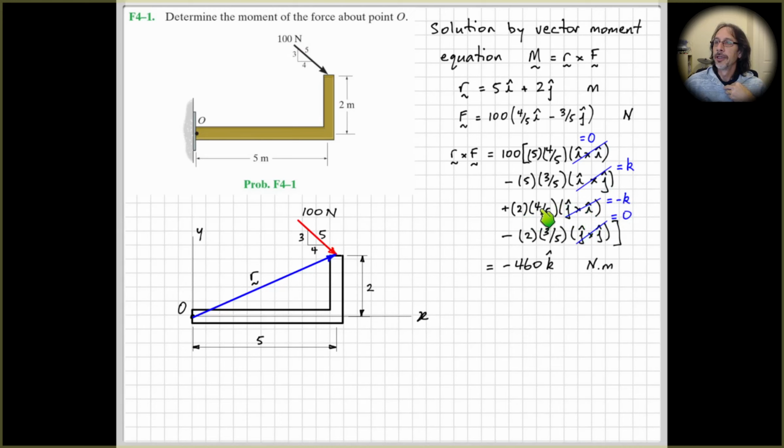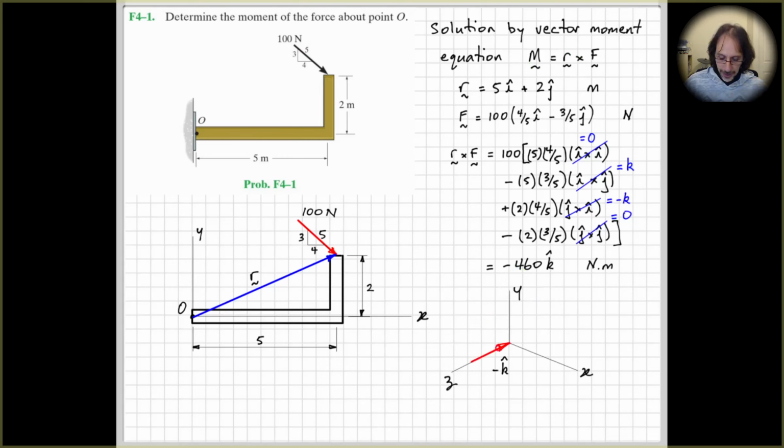This is the x component of the force, horizontal, positive, and the y component, which is the distance that we calculated when we did principle of moments, dy positive. So we've got positive times positive, but because we've got j cross i, it's not k, but minus k. So that's how the vector moment equation takes care of the signs for us. And we can see in our solution here, we get a negative 460k.